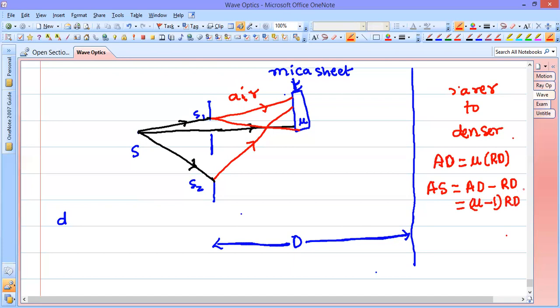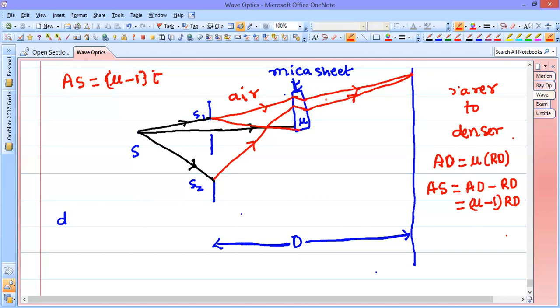I will use this principle. So the apparent shift in the mica sheet will be mu minus 1 times t. Can I say? After going through this, these two light waves will superpose and form the interference pattern.